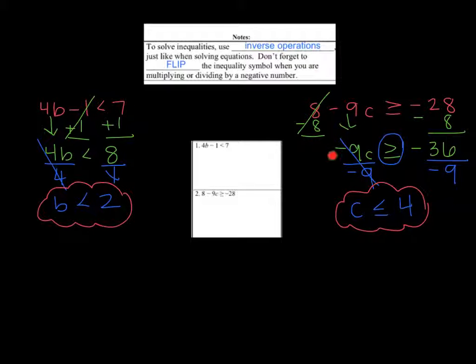The opposite of multiplying by negative 9 is to divide by negative 9. When I realized I was dividing by a negative, I circled my inequality to remind me to reverse it in my answer. So negative 36 divided by negative 9 was 4. I flipped my symbol so it becomes less than or equal. So we have c is less than or equal to 4.